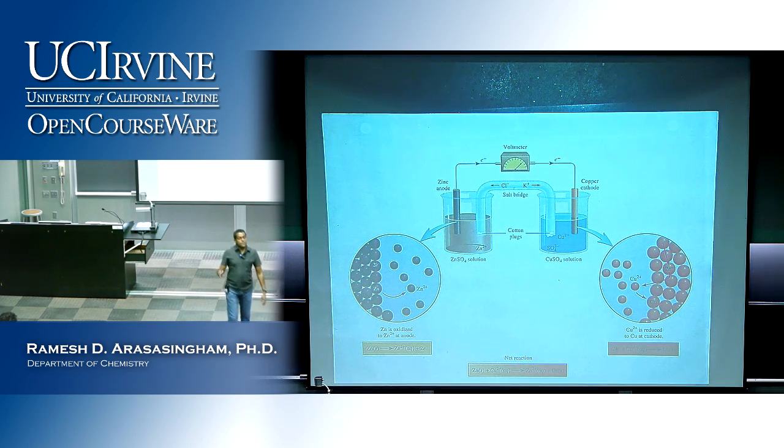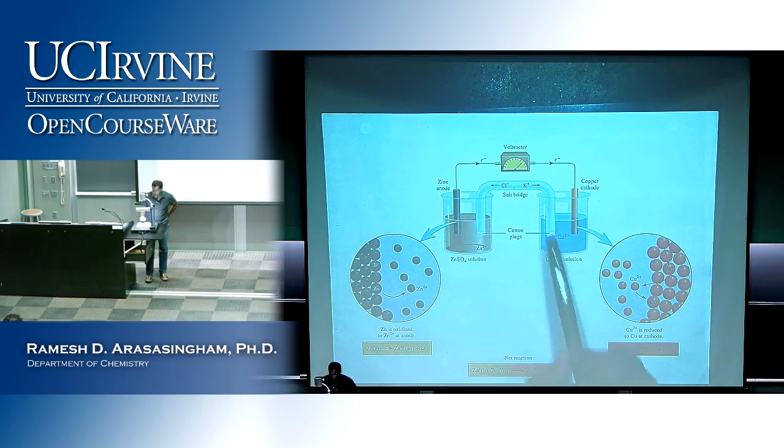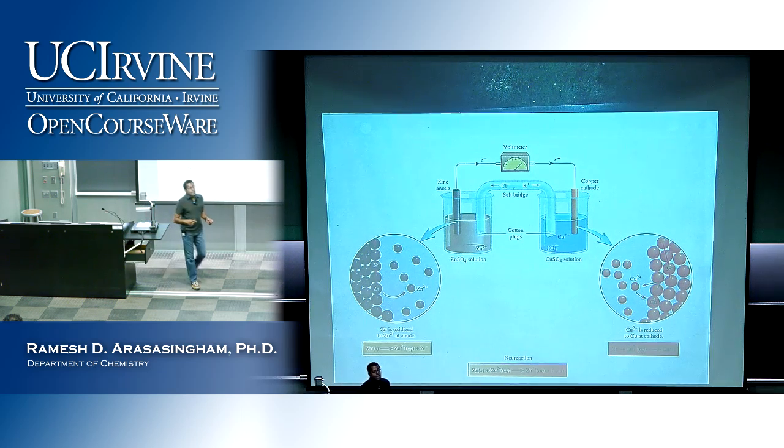Now we said lastly that you have to complete the circuit, and we're going to use the movement of cations and anions to complete the circuit. All right? And if you look at this, not only are you completing the circuit, and this movement of cations and anions helps the flow of current through the system, but they also help maintain charge balance.